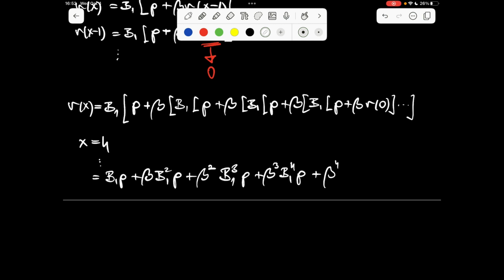And it's easy to realize that this latter equation consists of 2 parts, because here we have the value function.